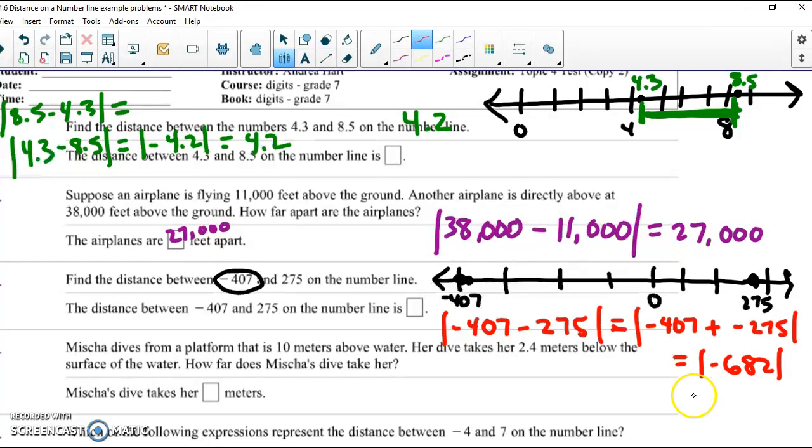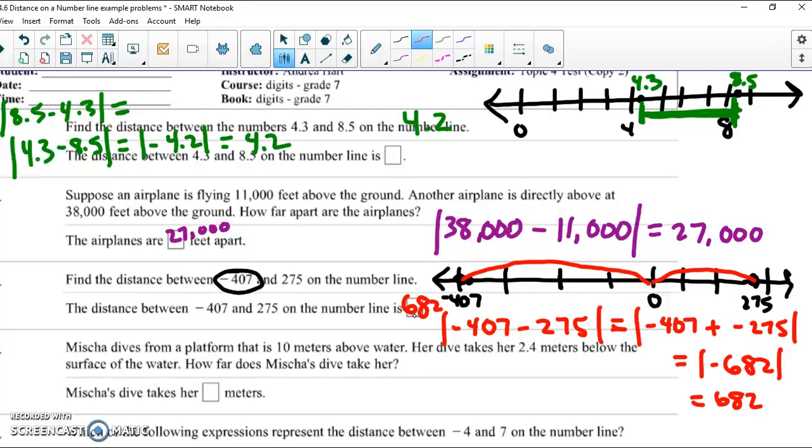However, I'm going to take the absolute value of that. So it comes out to be 682, which would be the distance between these numbers on the number line. And keep in mind, we can visualize this because I know that this is a distance of 407, plus I have this distance of 275. So when I add those two distances, I get 682.